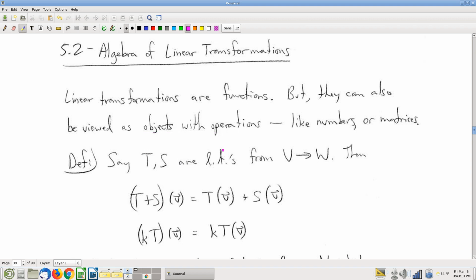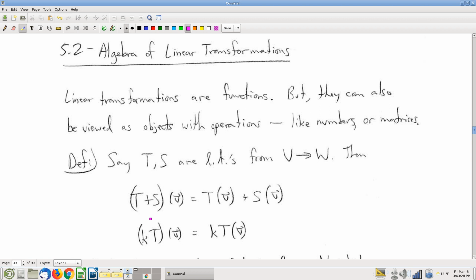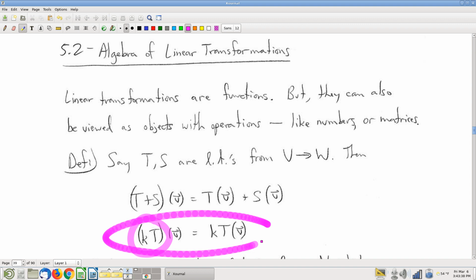The first couple of them are really no big deal. How do you add linear transformations? Well, linear transformations are functions. We already know how to add functions. If I want to multiply a linear transformation times a scalar, how do I do that? Again, linear transformations are functions, and we already know a formula for multiplying scalars times functions.